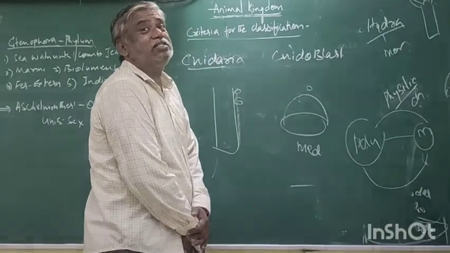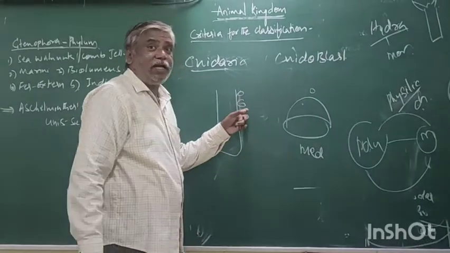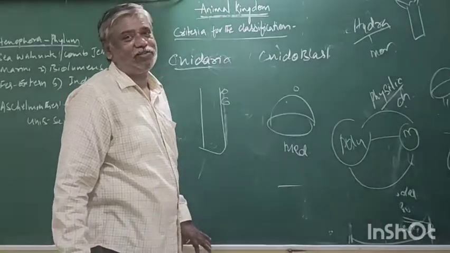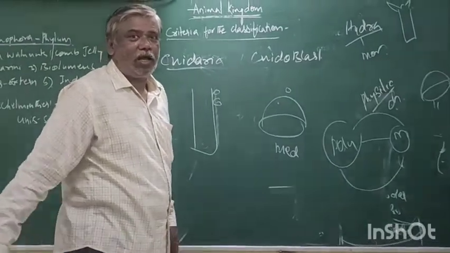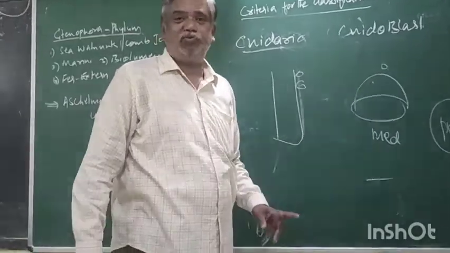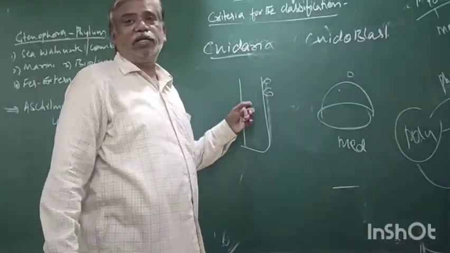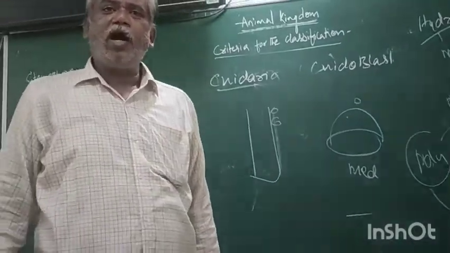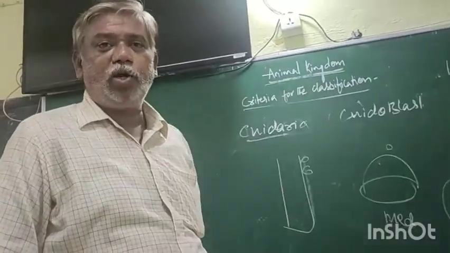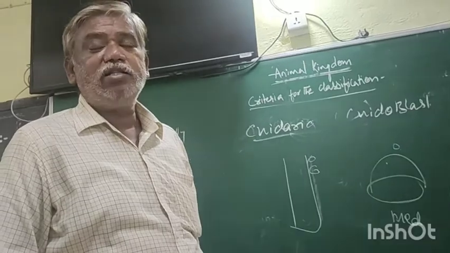That is the skeleton, the exoskeleton, and its body together is called coral. A colonial coral is called a coral reef. This is one of the important characters. Examples: Hydra, Obelia, Aurelia, Pennatula, Gorgonia, Sea fan.